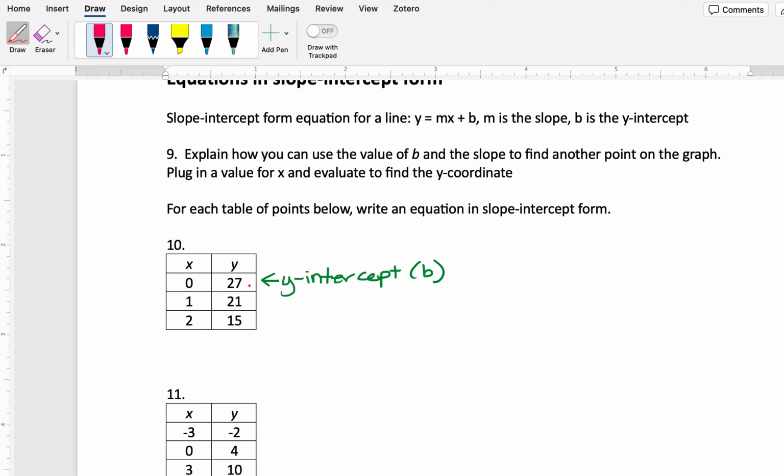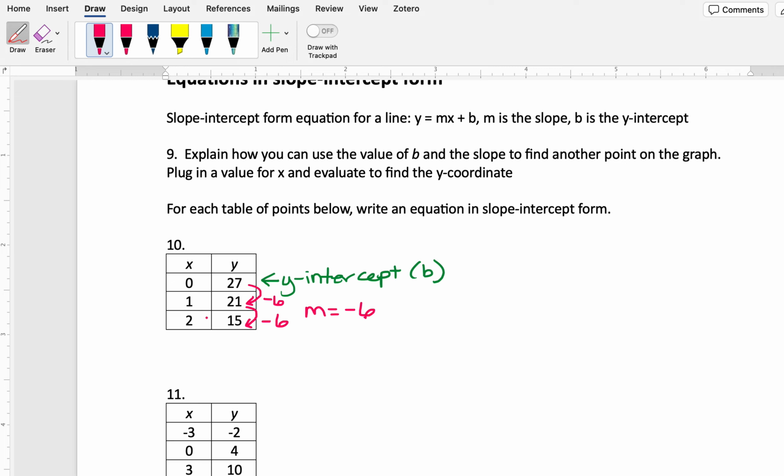So it's going down 6. And as we go from 1 to 2, my y-coordinate goes from 21 to 15, so it's also going down 6. So we're going down 6 for each 1 unit increase in x. And so that means that m is -6.